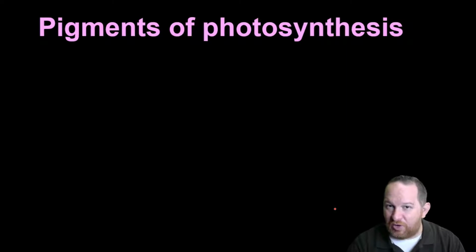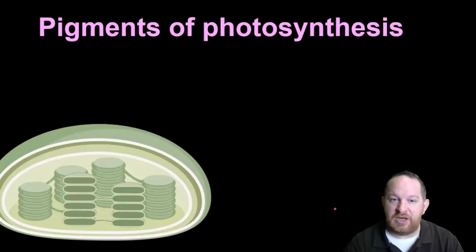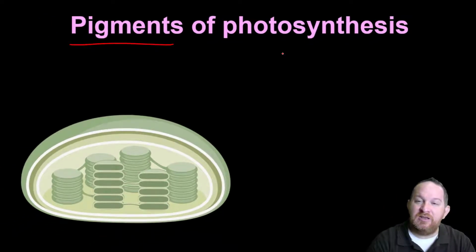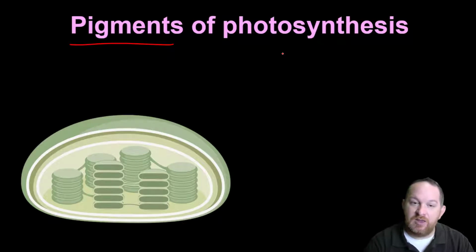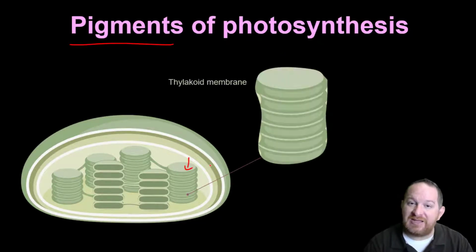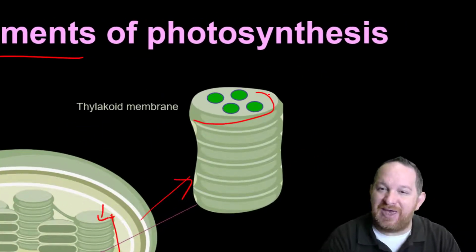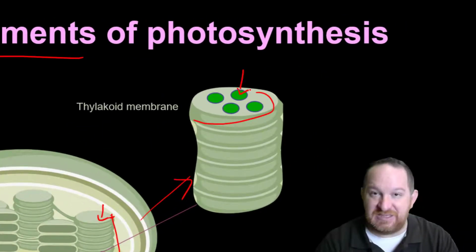In that chloroplast, when we draw them, they're often green. What makes them green? Well, these pigments in the chloroplasts, on these thylakoids. If we take this stack and move it up here, they actually have embedded in them several pigments, right?